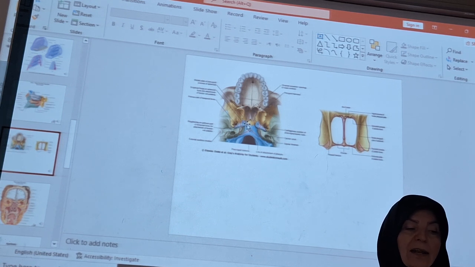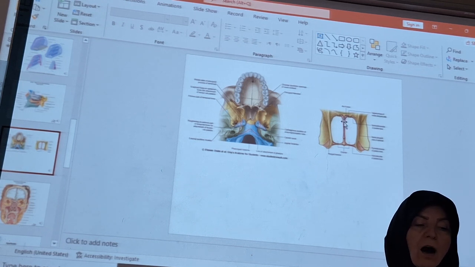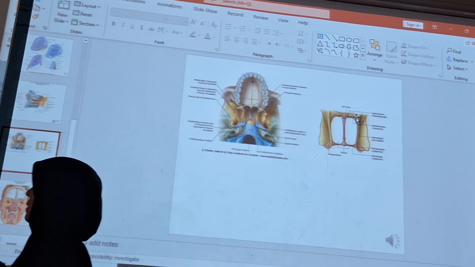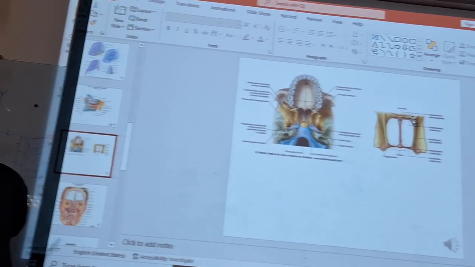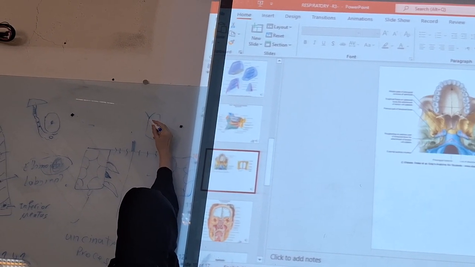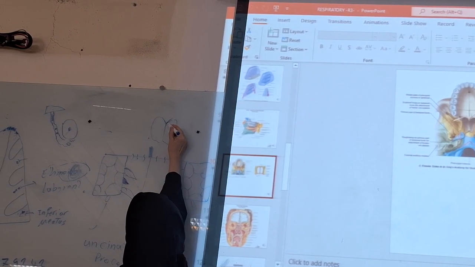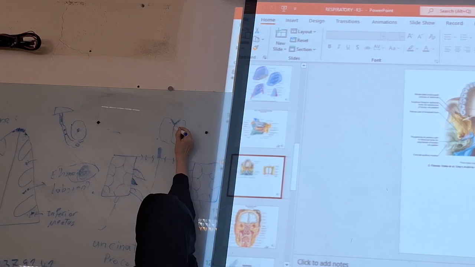And the superior boundary of the choana, meaning here, is going to be formed by the ala of the vomer. This vomer superiorly divides into processes. So here is the roof of the choana. A small portion of the roof of the choana is going to be formed by the ala of the vomer.